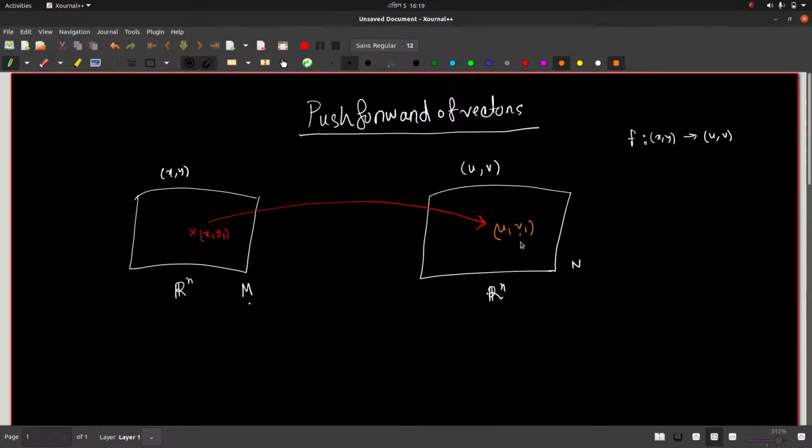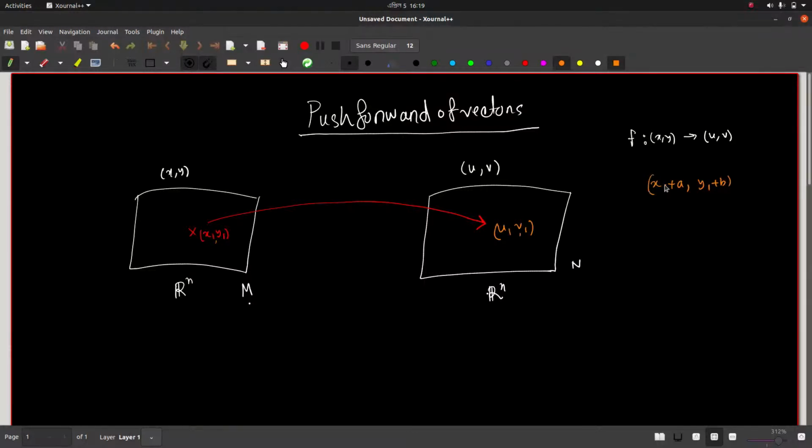Now, this seems pretty simple. That is just a mapping between two manifolds. But what we want to do is see what happens when I change my point from (x1, y1) to some other value, let's say (x1 + a, y1 + b).